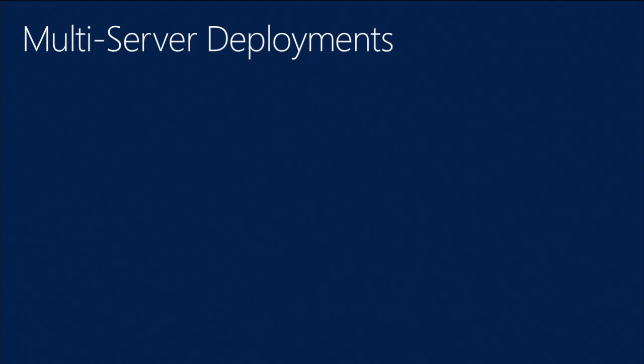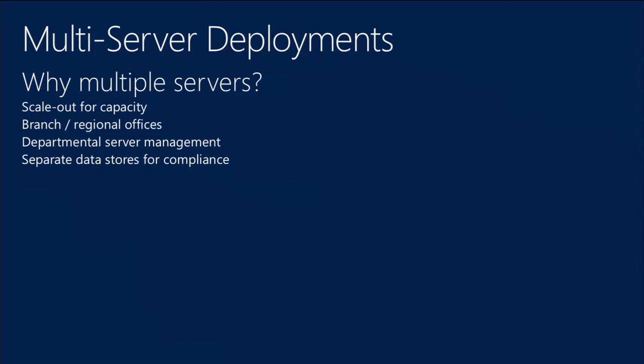Everything we've talked about up till now is about a single server deployment. But there's a variety of reasons why you may want to have multiple servers in your environment. You might have enough sync users that you exceed the capacity of a single file server, and we provide you with the ability to scale out Work Folders across multiple servers.